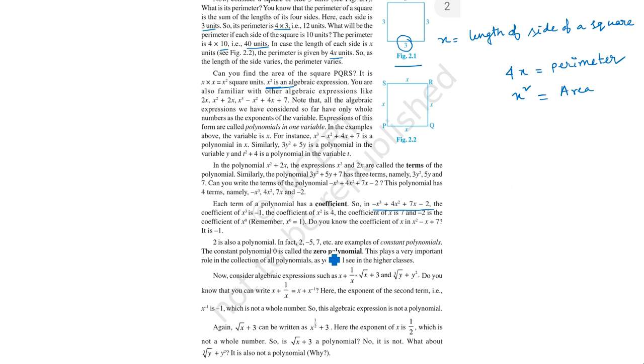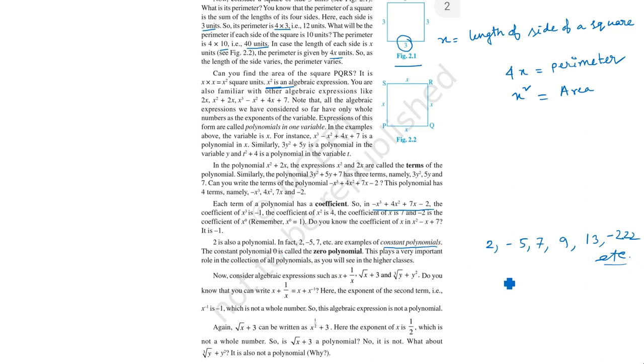Here is another important notion, the constant polynomial. A constant polynomial is an algebraic expression with no variable. For example 2, -5, 7, 9, 13, -222, etc. are examples of constant polynomials.